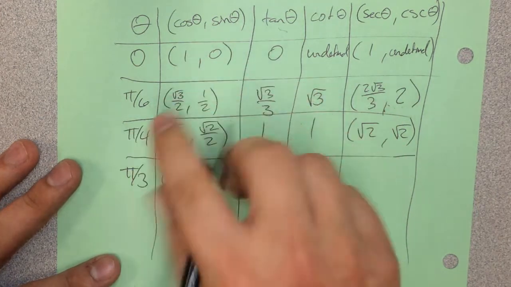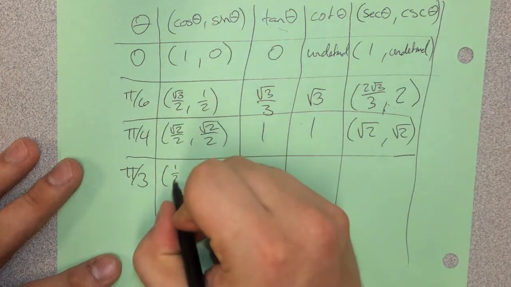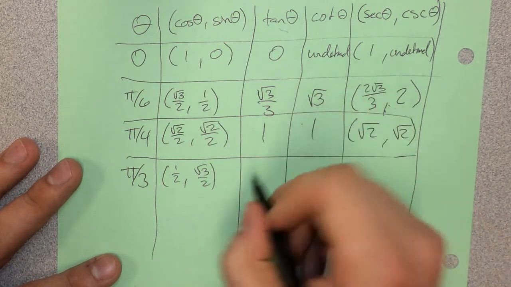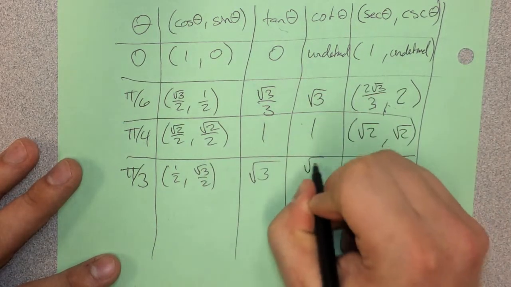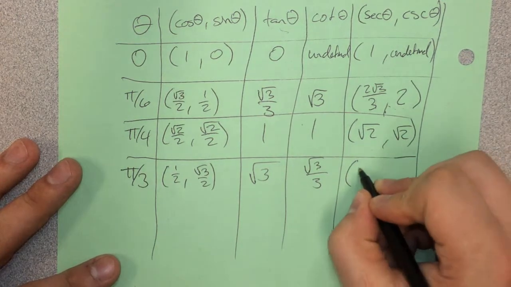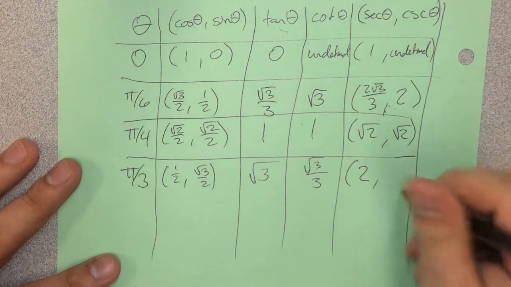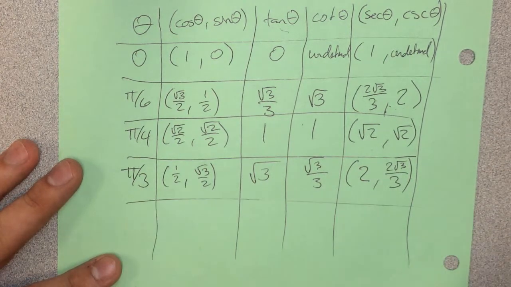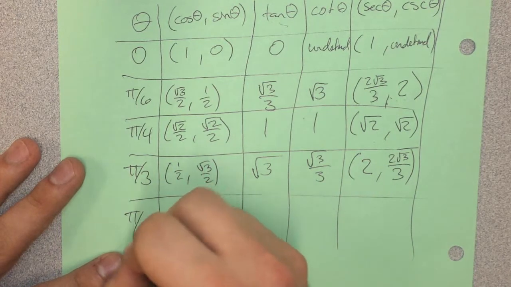This one's just everything flipped from pi over 6, so it's 1/2 and root 3 over 2. Then our tangent changes to root 3, which flips to root 3 over 3 for cotangent. And then lastly, we'll have 2 for secant, and then 2 root 3 over 3. There we go.